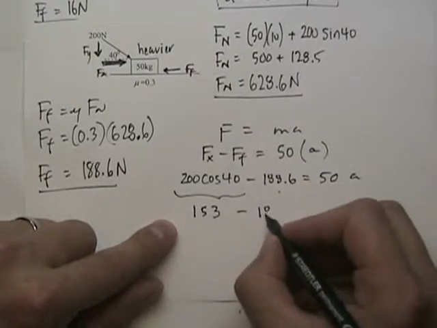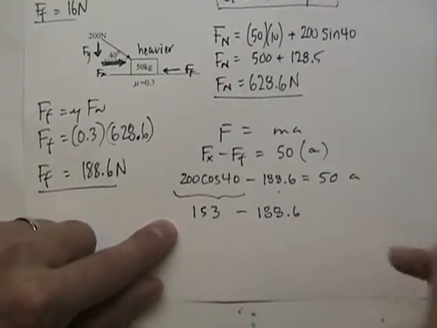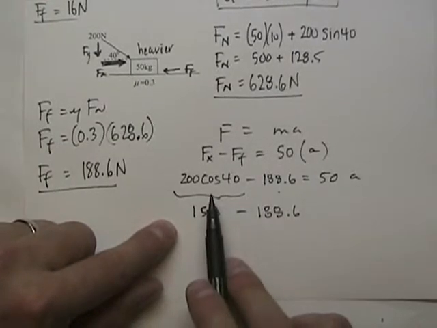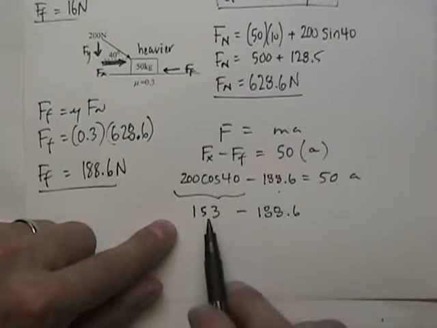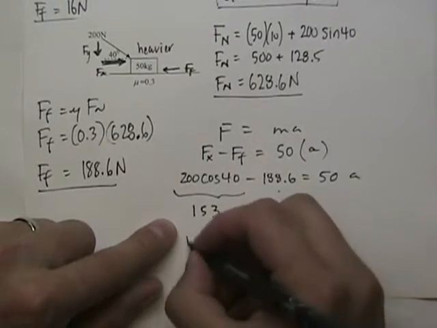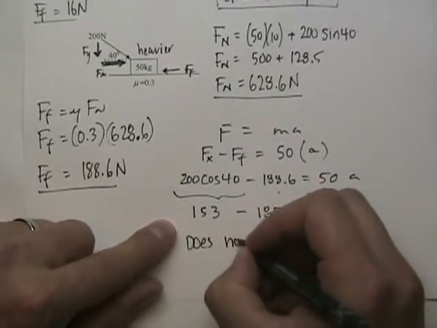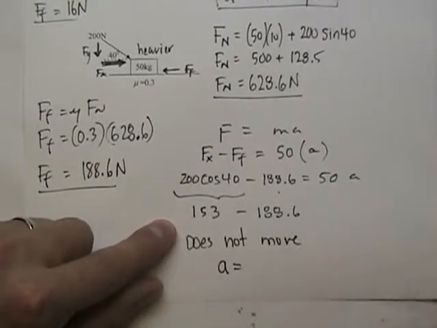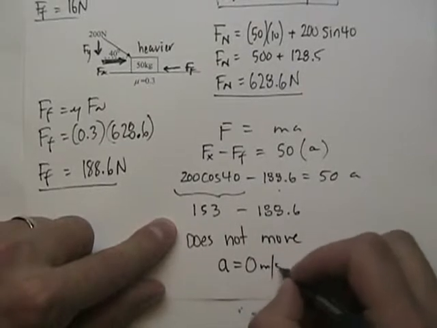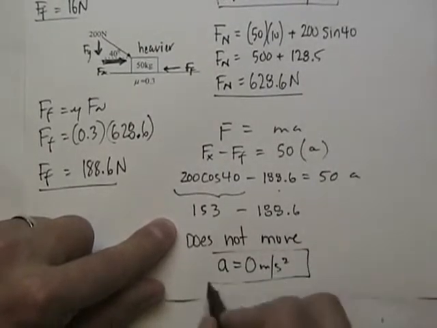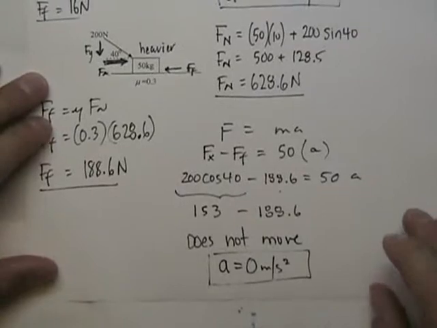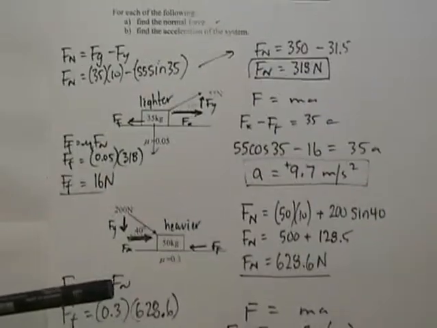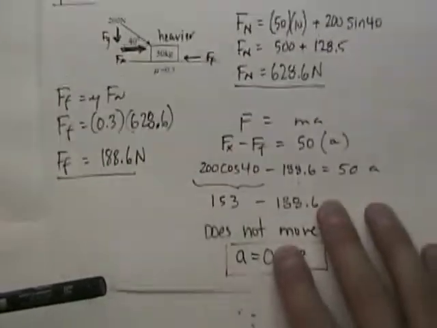So if you go 153 minus 188.6, this is telling you that friction is bigger than your applied force. If this number is bigger than this number, it doesn't move. So it does not move, and something that doesn't move has an acceleration equal to 0. So you don't even need to solve anything. So there you go. That's second law with coefficient of friction at angles. It doesn't get much tougher than that.